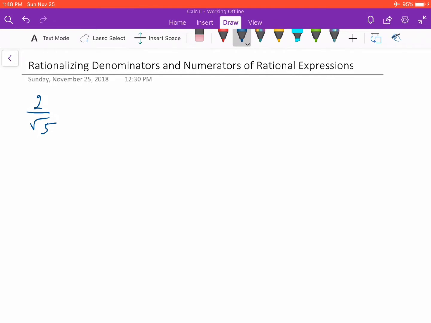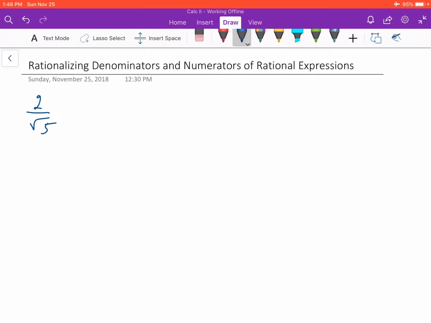It is not acceptable in the final answer of the problem to have a radical in the denominator. So therefore we need to work out the problem so that the final answer gets rid of the radical in the denominator. This is what we call rationalization.